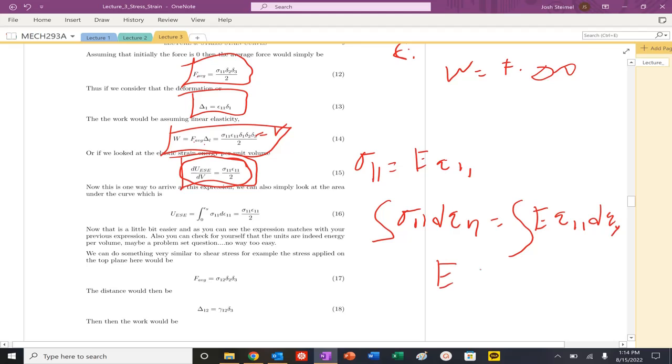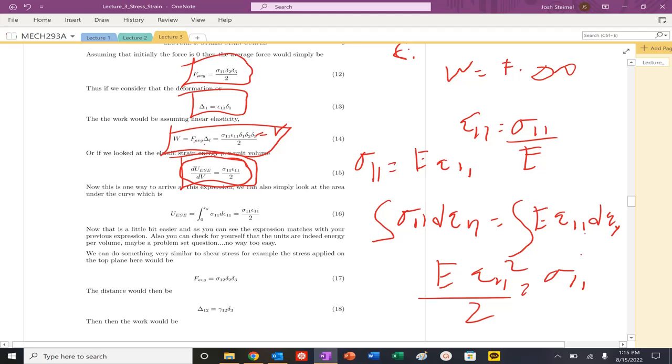What is that going to be? E times E11 squared over 2. Substitute back in that E11 is equal to sigma 1,1 over E.